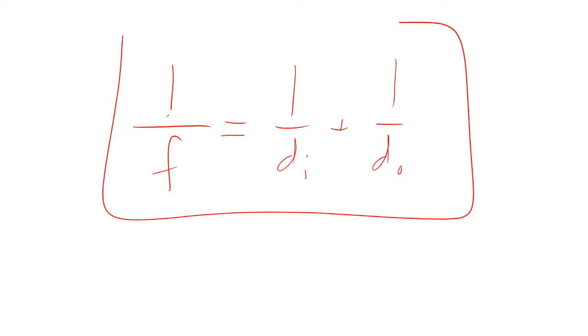Well, it turns out that if you take whatever this is, fold it back over to that side, make a mirror image, it looks exactly like with the mirror. So that means that the equation for images with lenses, 1 over f equals 1 over di plus 1 over do, is the exact same equation. And so this equation is the crux behind almost all of chapter 34.